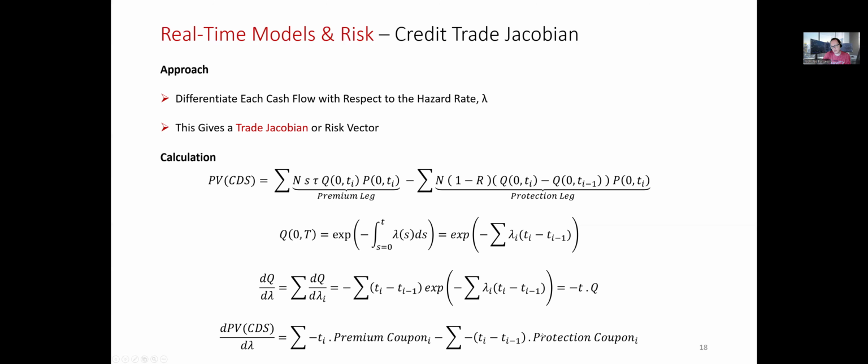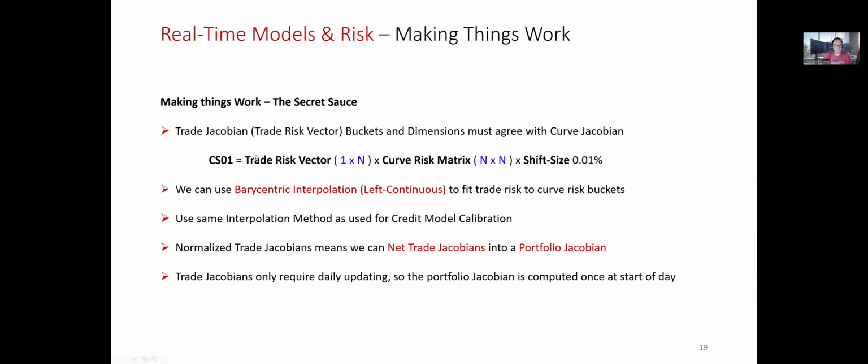And for the protection leg, because there's two Qs, it's the minus the change in time. And so you just sum up all those calculations for each of the different coupons. And then you have to allocate the coupons to the correct risk buckets, because the trade Jacobian dimensions must match the buckets of the curve Jacobian, which we'll talk about shortly.